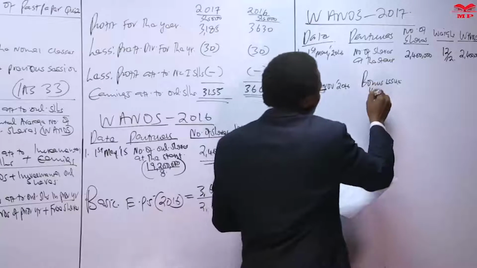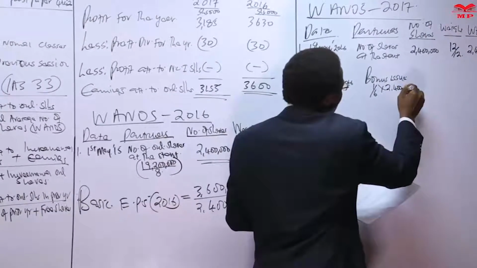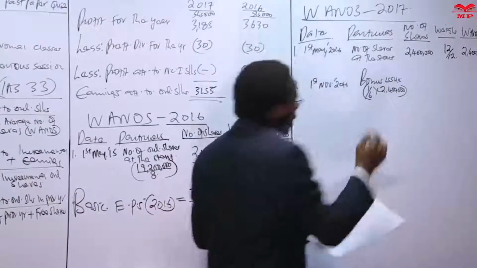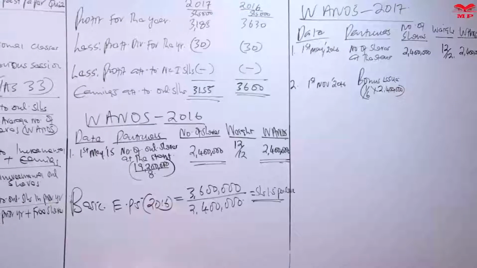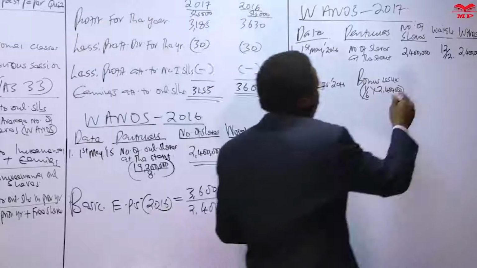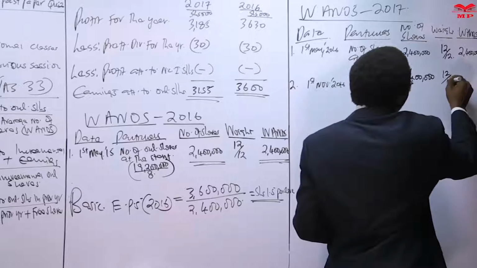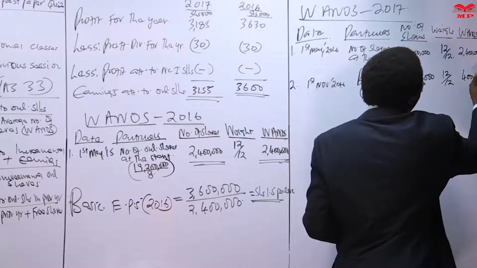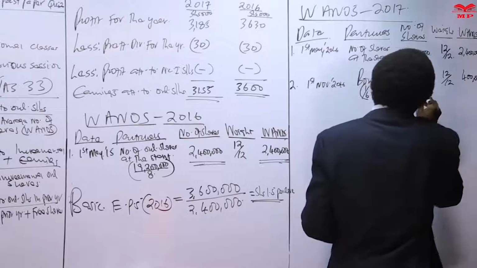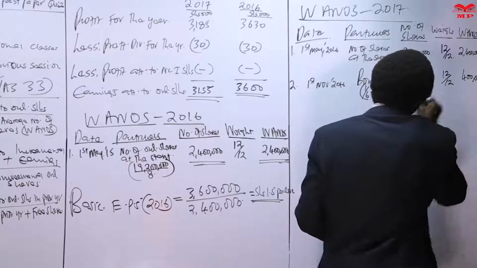So 1/6 by 2.4, how much is that coming to? 1/6 times 2.4 is 400,000 shares. They are not weighted on a time basis, so they are assumed to have been there from the beginning. So up to that point, we have 2.8 million shares.